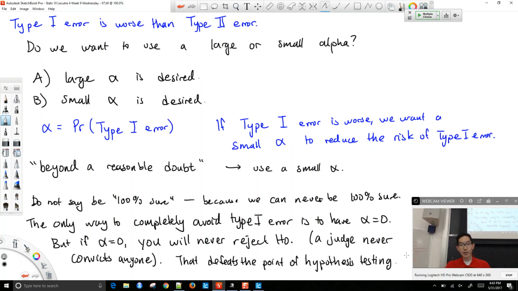And then the flip side is also the case. If you want to avoid type 2 error, you can choose a larger alpha, and you say, I want to make sure that I don't acquit anybody who's guilty. Like, I want to make sure that nobody gets away with any kind of crime. This is my town. No one gets away with crime.